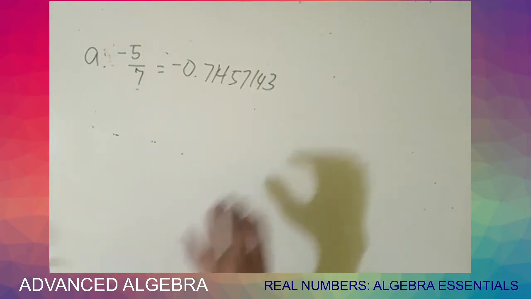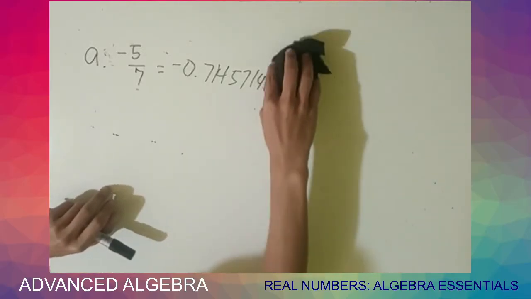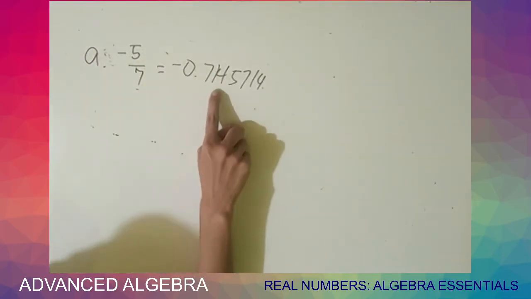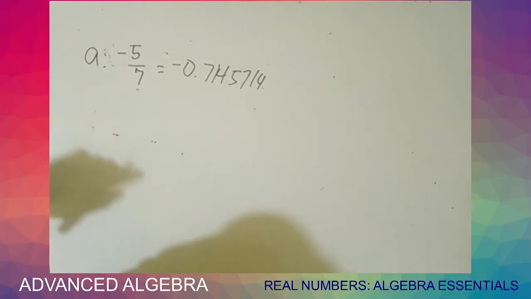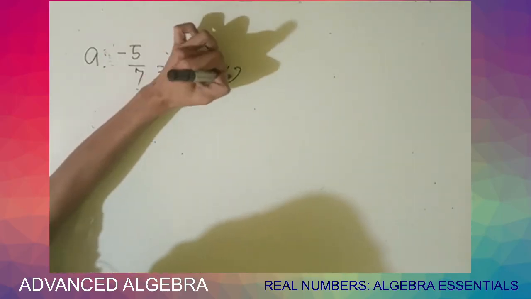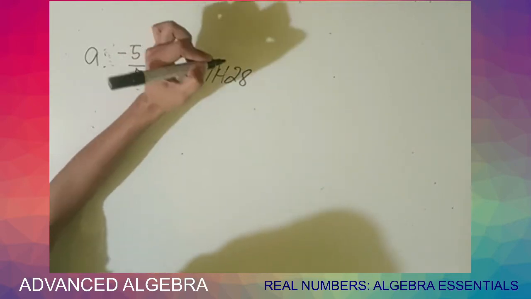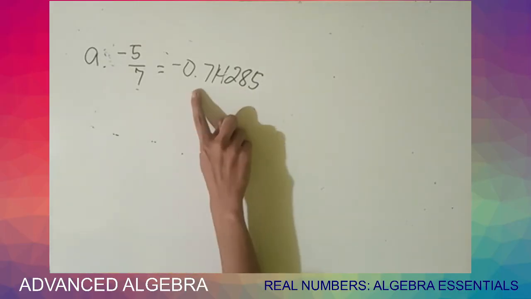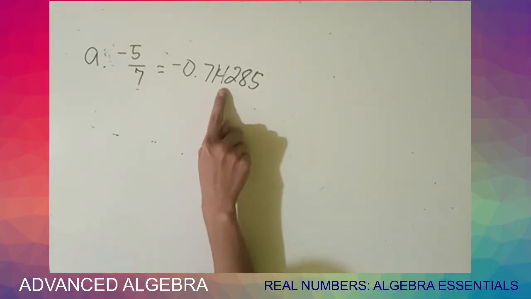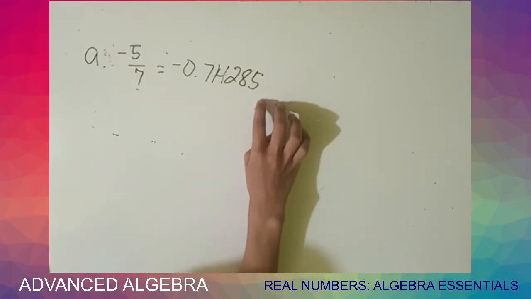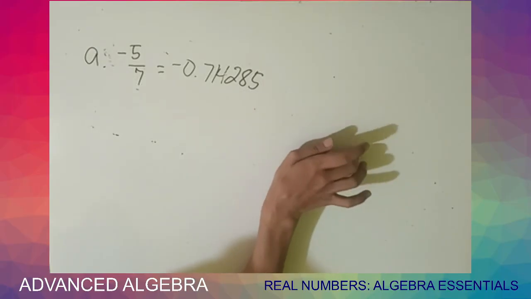Okay. Double check ko lang yung nakalagay. 0.714285. Since yung sumunod na is 714285, umuulit.